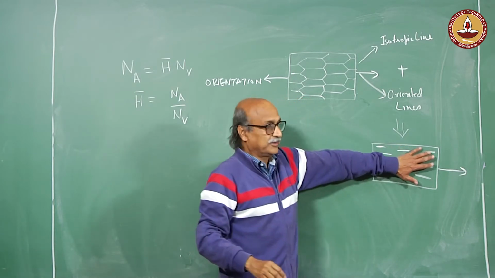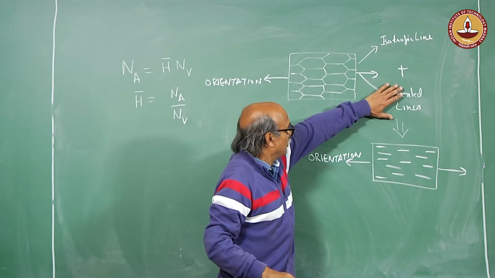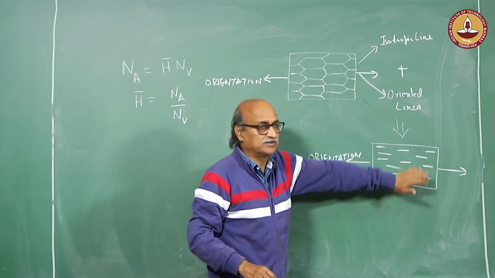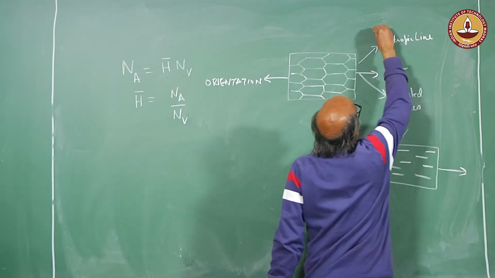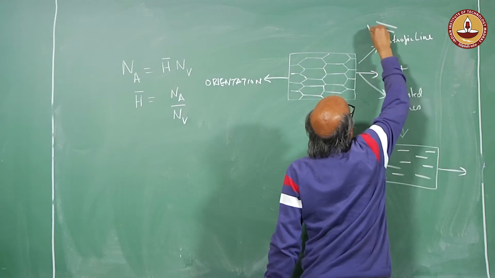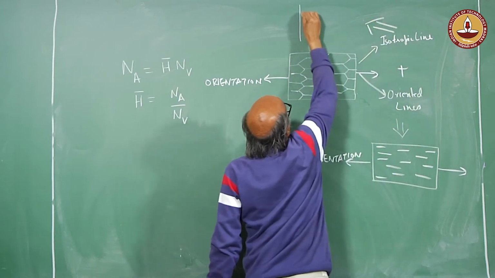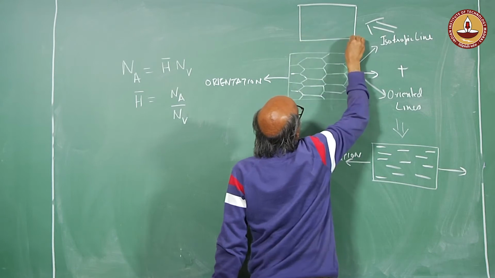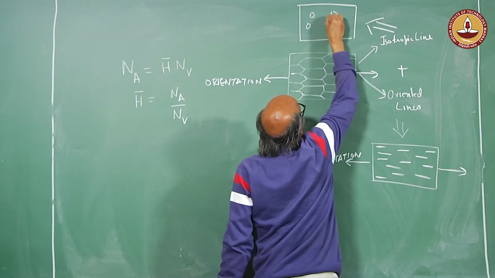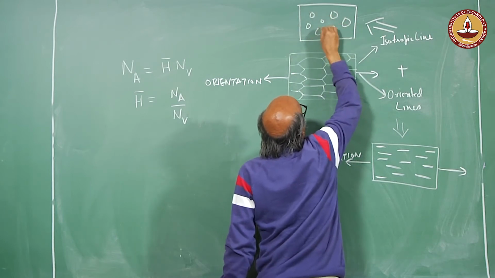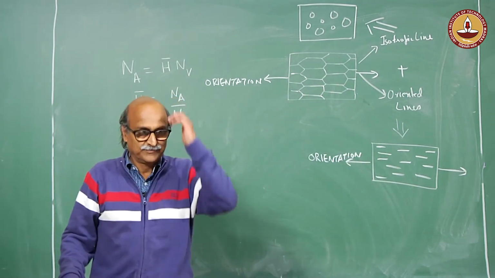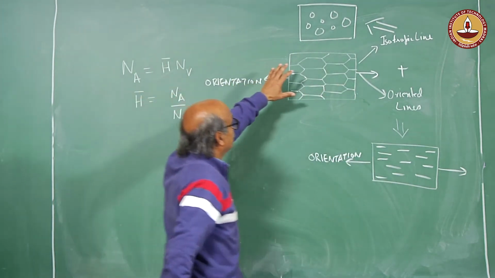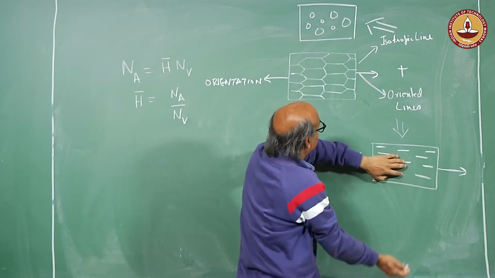So, the oriented component can be viewed like this. The isotropic component could be viewed like this, and this structure is an addition of this and this.